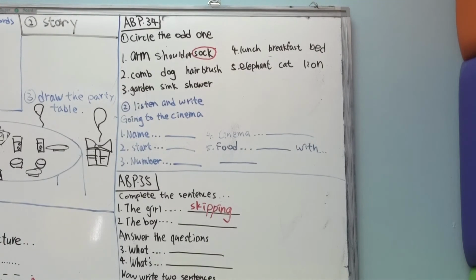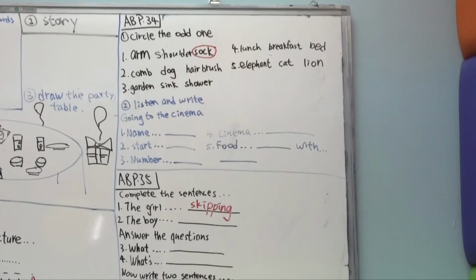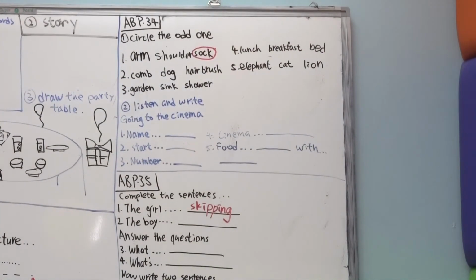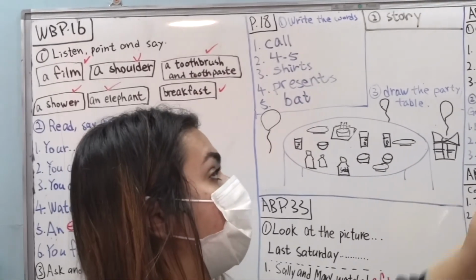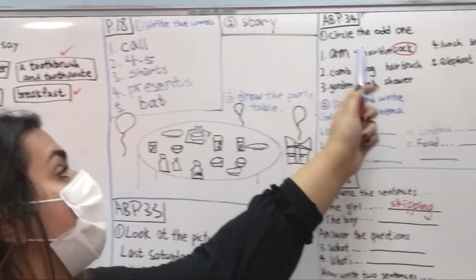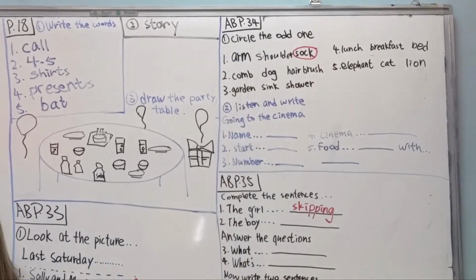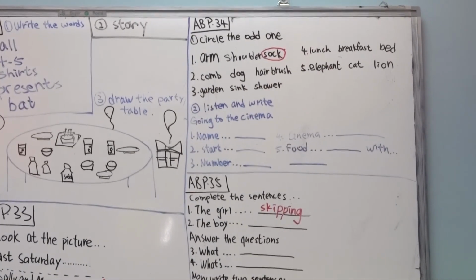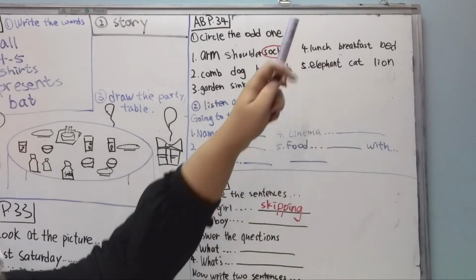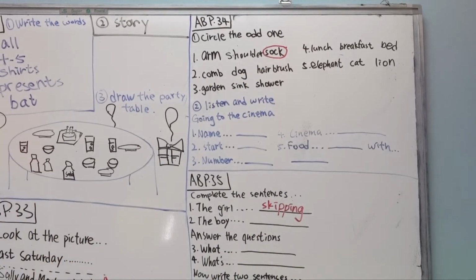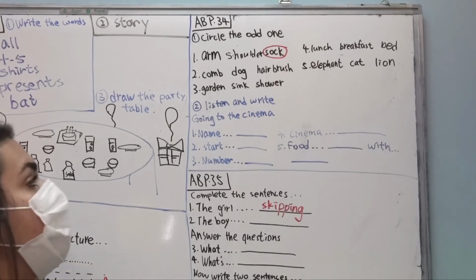Why sock is the odd one? Why? So arm and shoulder can be found in your body, right? But can we find sock in our body? No, right? It's not our part of body. So we circle this. Okay? A sock isn't part of your body.